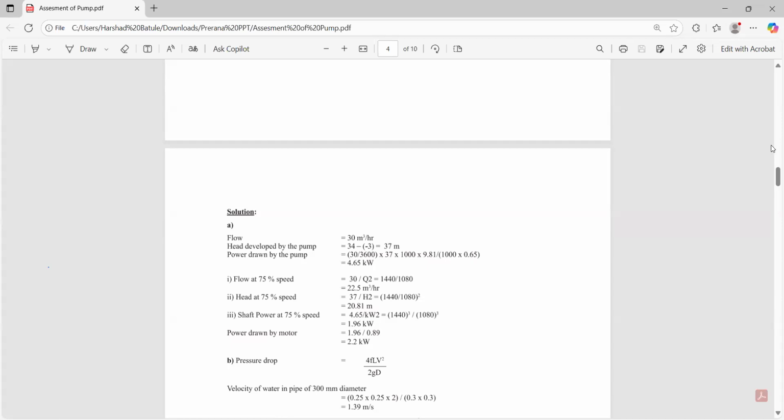Because if you are reducing the flow rate but your head is subsequently reducing, you cannot pass through the desired application, or your pressure drop across that application is much higher than the new discharge head of the pump. You will be in trouble, because you cannot transfer that fluid from point A to point B if your head is not sufficient to overcome the frictional resistance of that application.